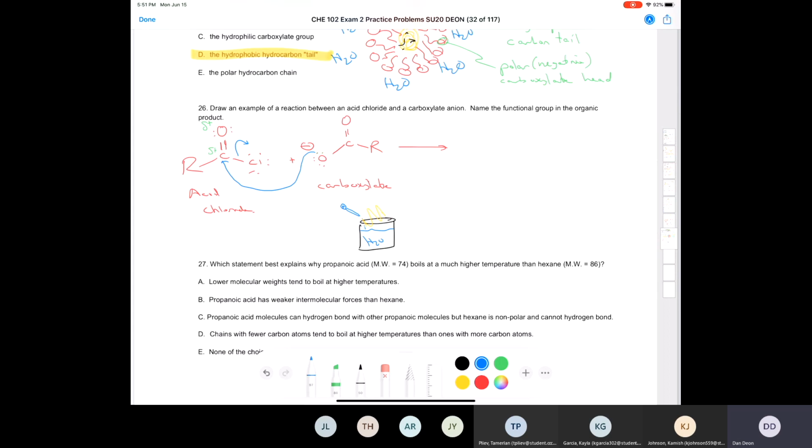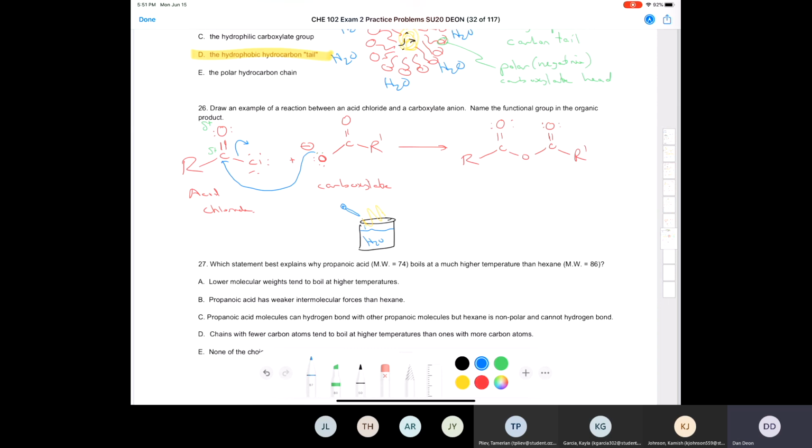What are we going to have? We're going to have our R with our carbonyl. Then we lost the chlorine. Okay, that's gone. And then we have a bond to what? To this oxygen. And what's that oxygen bound to? That's bound to another carbonyl like this. And then I have R prime like that. Who could name this functional group?